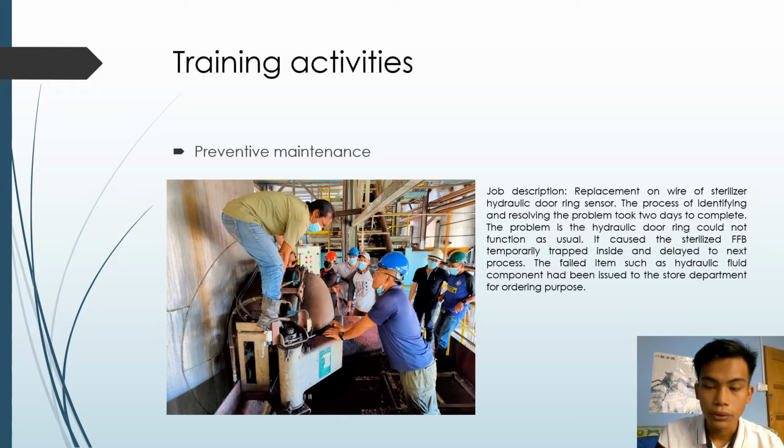The process of identifying and resolving the problem took 2 days to complete. The problem is the hydraulic door ring could not function as usual. So it caused the sterilized FFB to be temporarily trapped inside and delayed to the next process. The failed items such as hydraulic fluid component had been issued to the store department for ordering purpose.